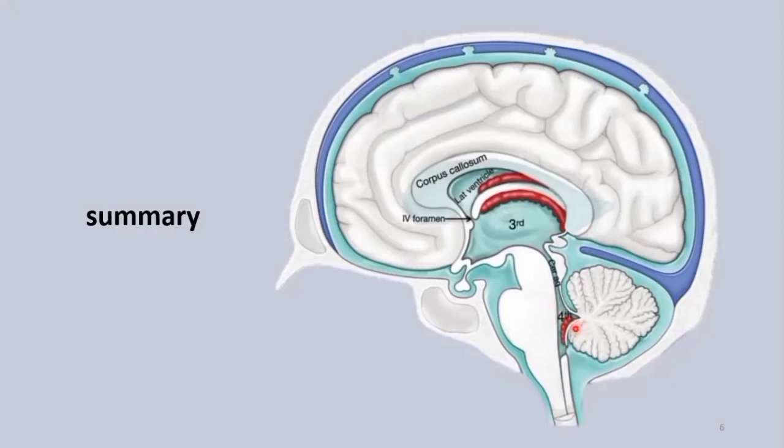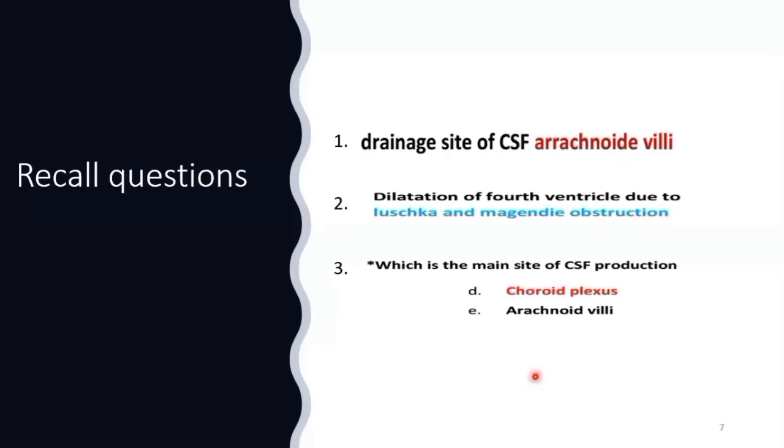So they ask questions about these foramina or aqueduct. The CSF from the fourth ventricle then goes into this green line, which is the subarachnoid space. It circulates around the brain the whole day and protects the brain. I have briefly described all about the CSF.